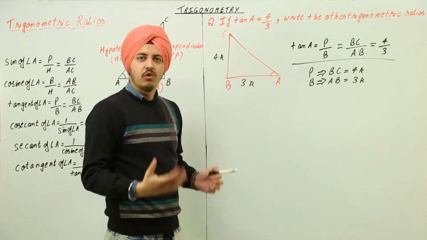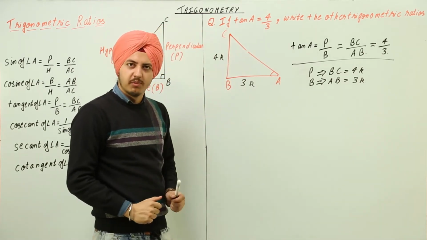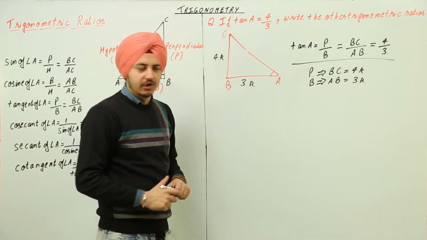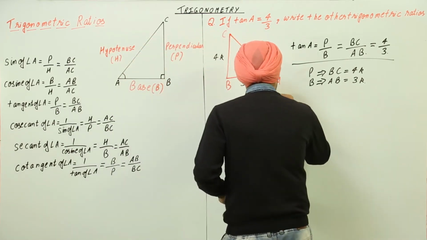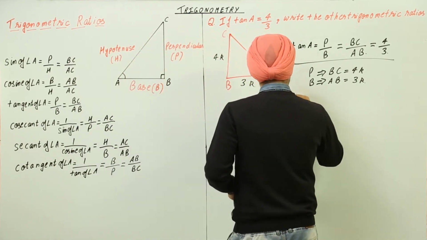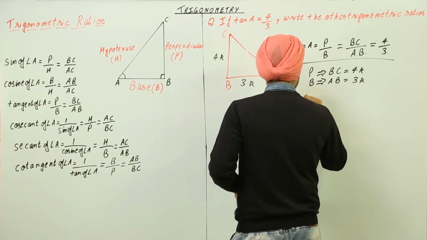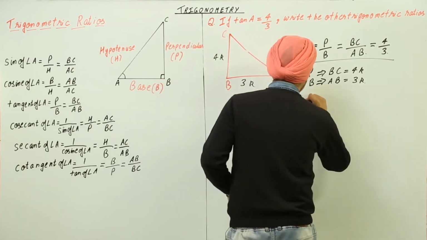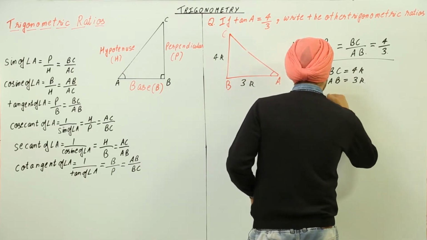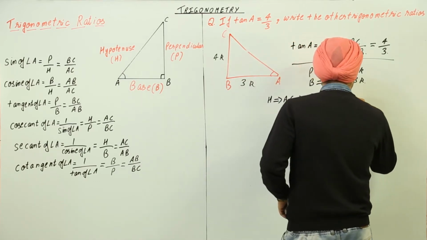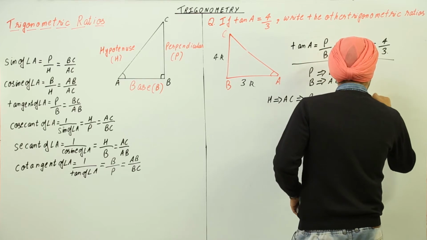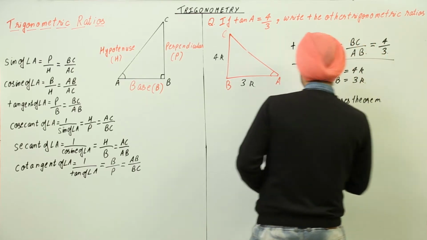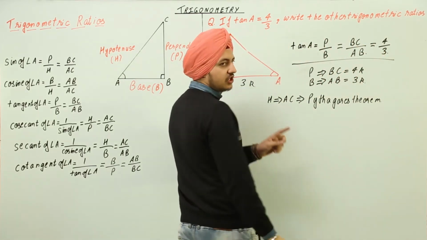Now what we do is apply Pythagoras theorem over here to find the hypotenuse. So the hypotenuse H, that is equal to AC, how do we find this? We find this by Pythagoras theorem. So what does Pythagoras theorem say?